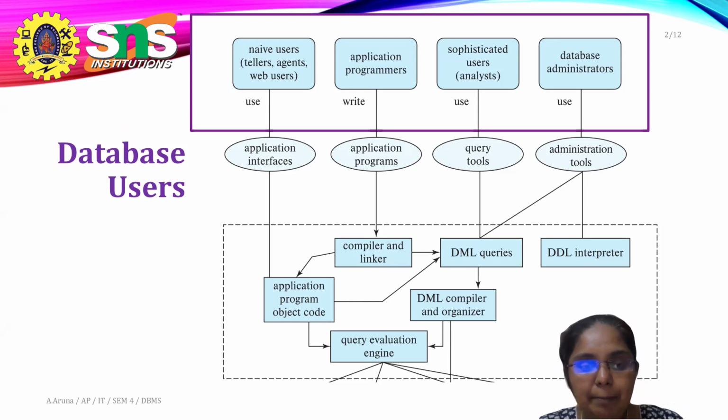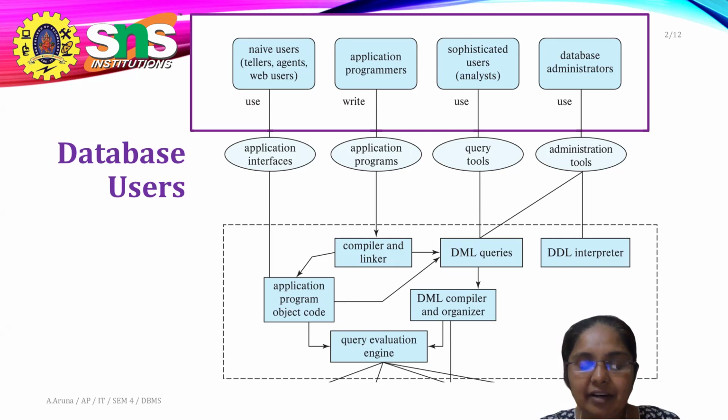If it is an application interface, it is directly connected to the application program. Through that, DML queries can be extracted, and a compiler organizes them and sends them to the query evaluation engine for processing if needed. If it is a direct query, it is sent directly to the query processing engine. If it is an application programmer, we need the compiler and linker, and through that it is passed to the query evaluation engine.